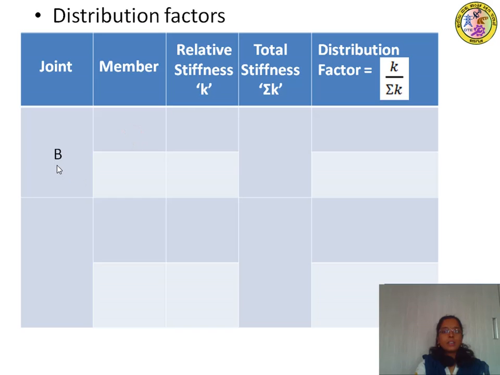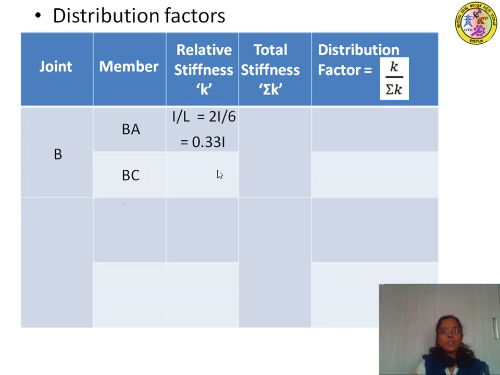First let us consider joint B. The member under joint B is member BA. The relative stiffness for BA is I by L, which is equal to 2I by 6, where 2I is the moment of inertia for member BA and the span of BA is 6 meters. Therefore the relative stiffness is 0.33I.